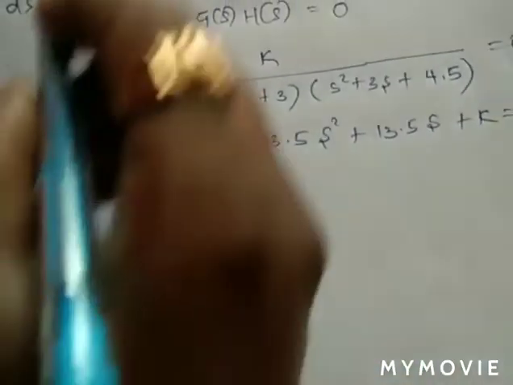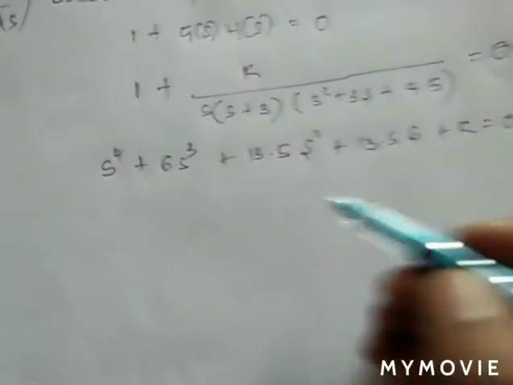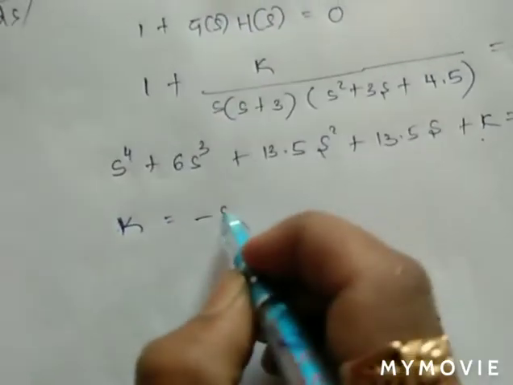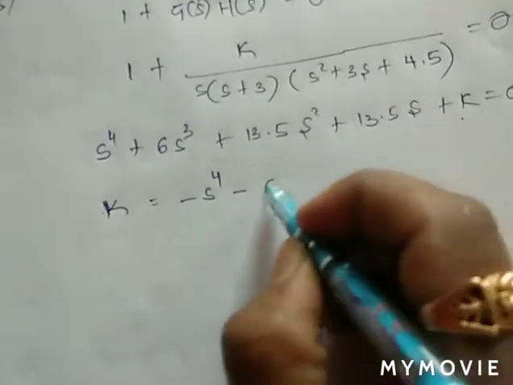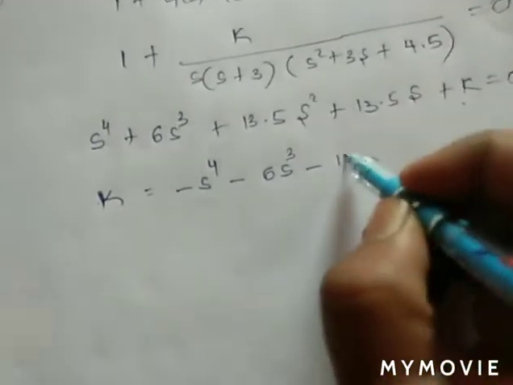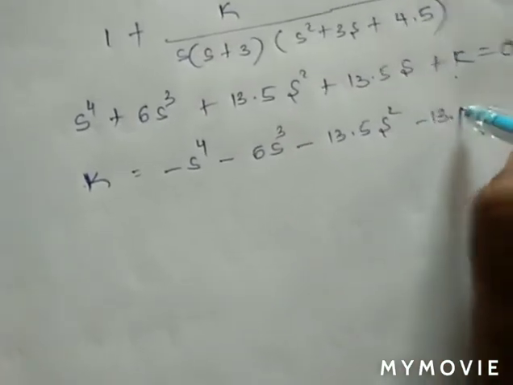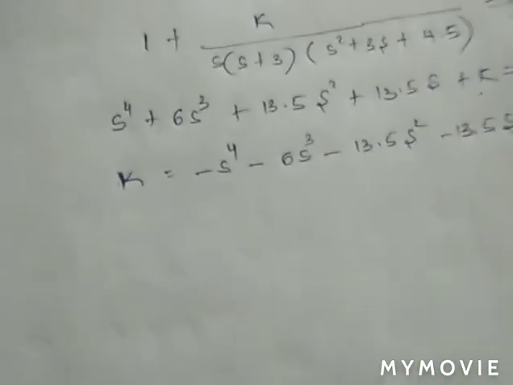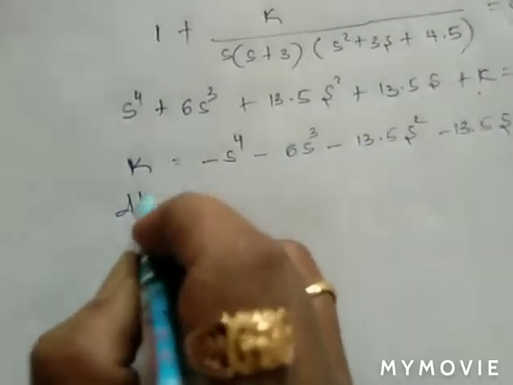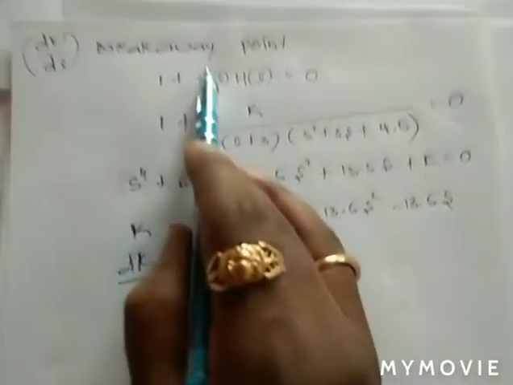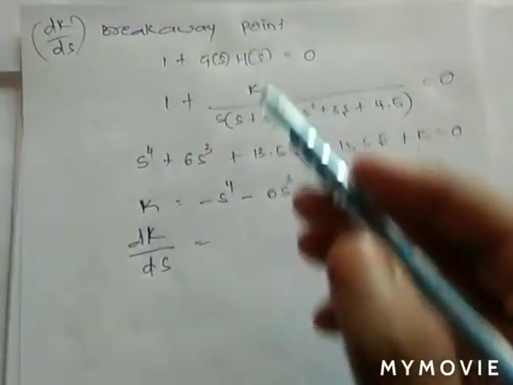Then I told to remember dk by ds. So take k on one side, other term on the other side: k equals minus s raised to 4 minus 6 s cube minus 13.5 s square minus 13.5 s. Right, now differentiate it. So as I told, breakaway point means remember dk by ds.